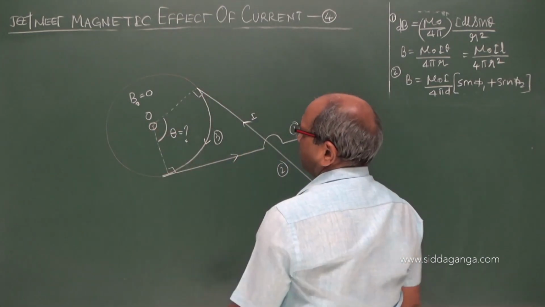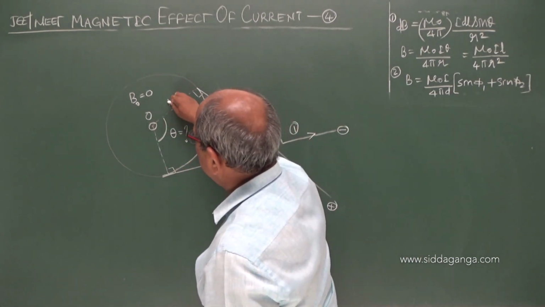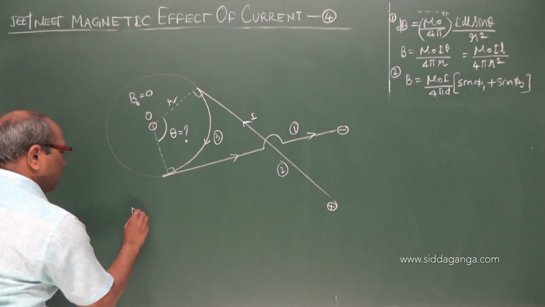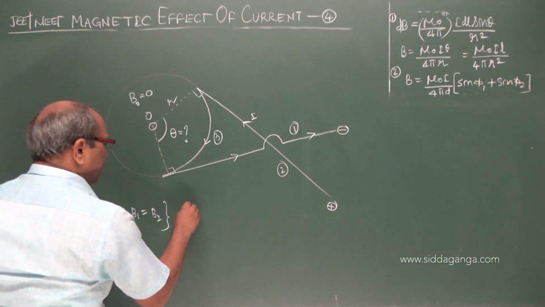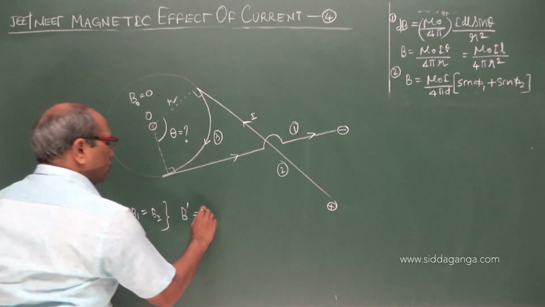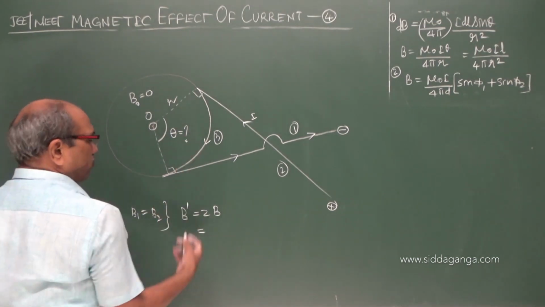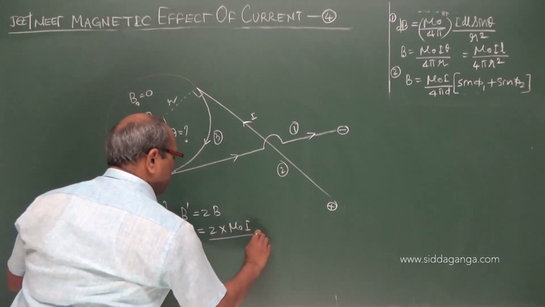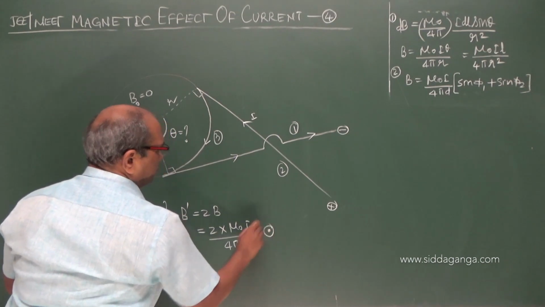At the point, this is a half-length straight wire, tangent, perpendicular. If this is R, I can write for both 1 and 2 together, B1 equal to B2. Therefore, I write B dash equal to 2B. What is 2B? It is outward. The outward field B is how much? Mu naught I by 4 pi R, outward.